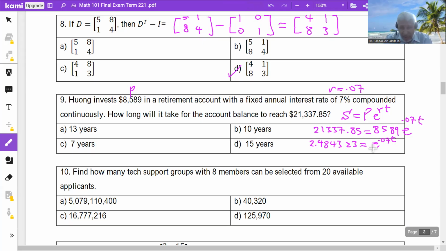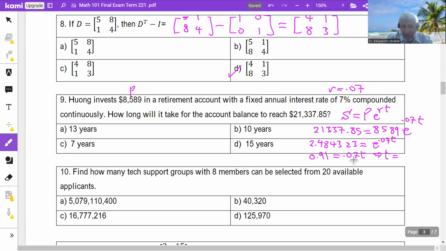Equals e^(0.07t). Now, how can I solve for t? I need to get rid of the e, so I'll apply ln to both sides. So I have to find ln of this number, 2.48. I can use the calculator immediately, ln of the answer. And ln of the answer would be 0.91. Equals, ln and e will be cancelled together, and I'll have 0.07t.